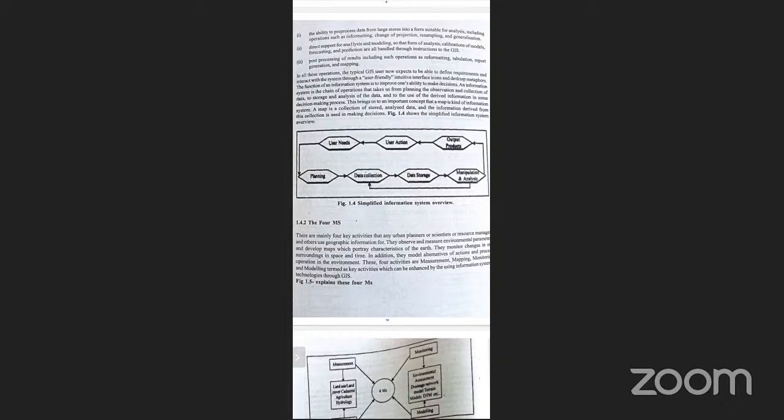Here the 4Ms are explained. The first one is measuring. In measuring, whatever map we have should have a scale. According to that scaling we will get the measurement, whether it is land use, land cover, cadastral, or whatever maps we are going to study.